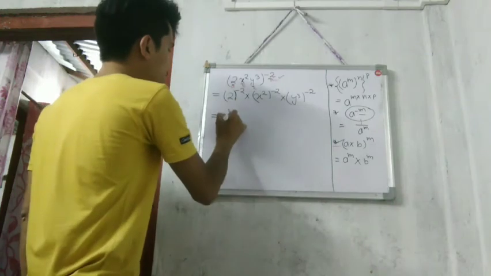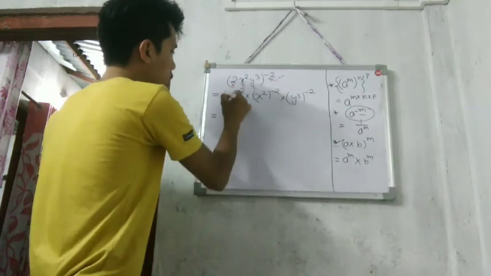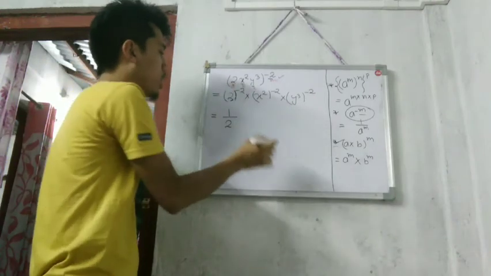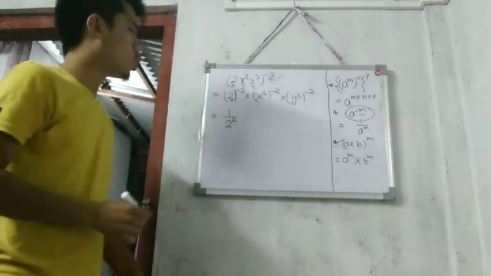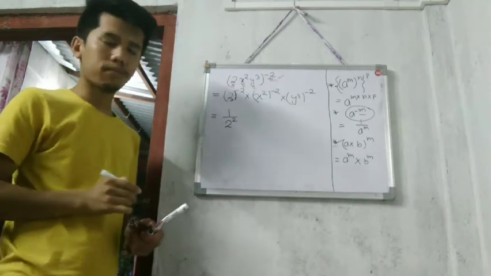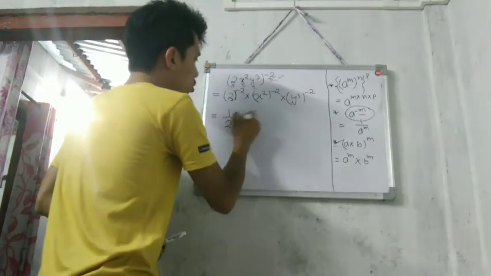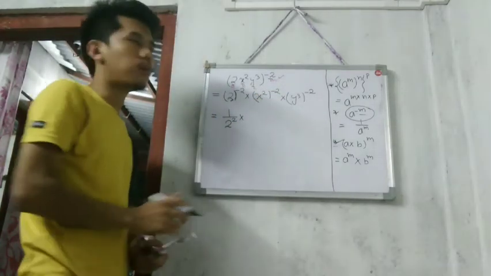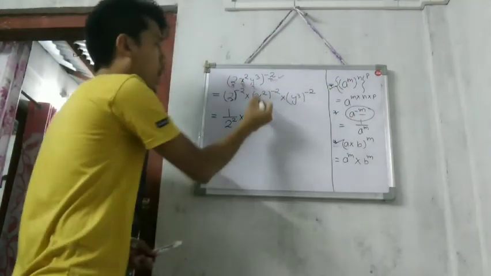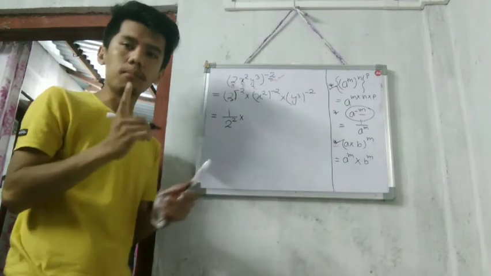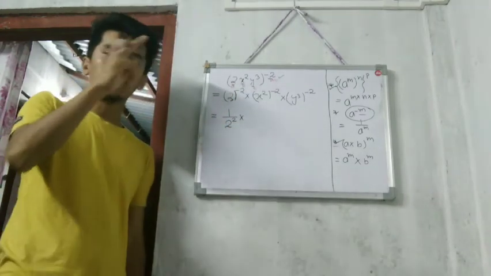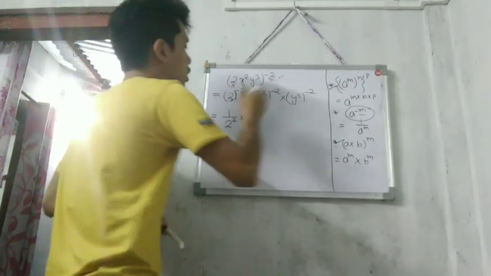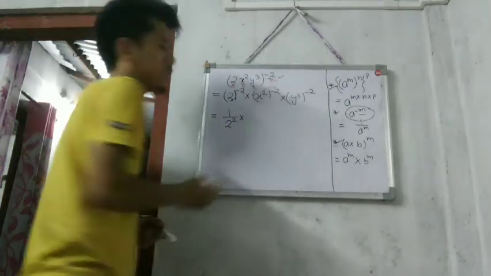So it will be 1 by 2 first, and this minus 2 becomes 2, so it will be 1 by 2 square. Okay, now what is there? x square whole to the power minus 2. Now we have to use this formula, because we have a number with a power and again whole to the power something. In this case, the powers will simply multiply.